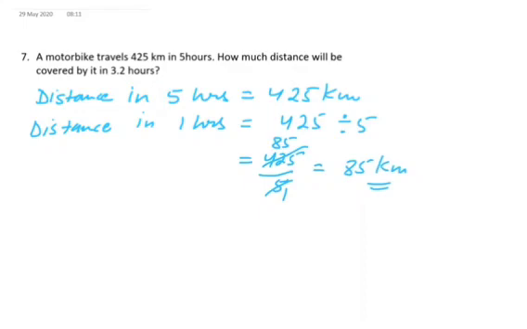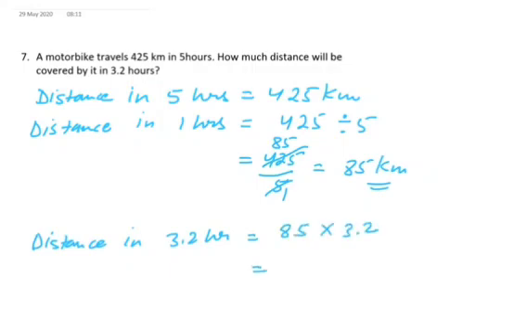So the question is saying how much distance will be covered by it in 3.2 hours. So distance in 3.2 hours, to find it, distance in 1 hour is 85 multiplied with 3.2.